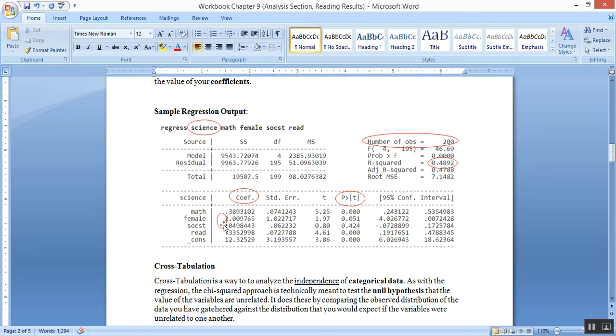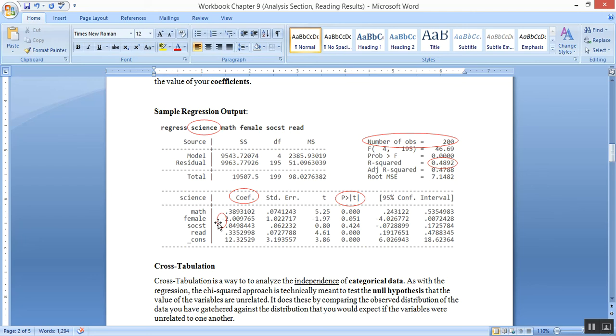But gender is different. We've got a negative coefficient. And what that tells us is that increasing the value of this explanatory variable from 0 for male to 1 for female results in a 2-point drop in the science score.